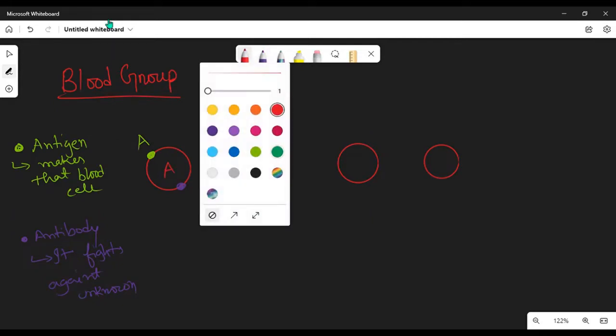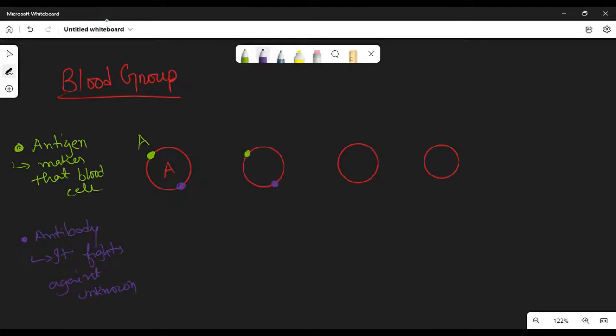And we know that there is also an antibody. So the antibody fights against the unknown other antigens. So let's suppose that this blood A cannot have A antibody, because if there is A antibody in this A blood group, then the A antibody will destroy this A antigen, so this blood cell will not exist.